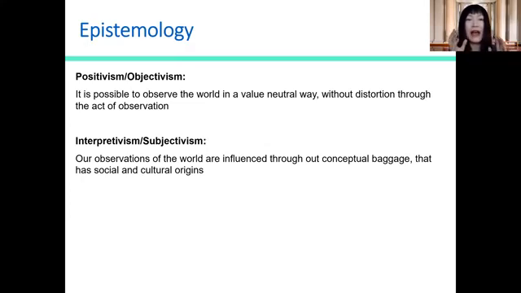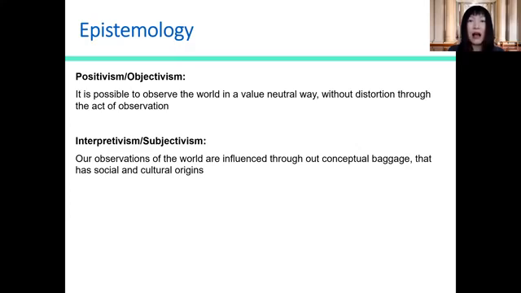They have different names, but they mean very, very similar things. So positivism or objectivism, when referred to as an epistemology, means that it is possible to observe the world.